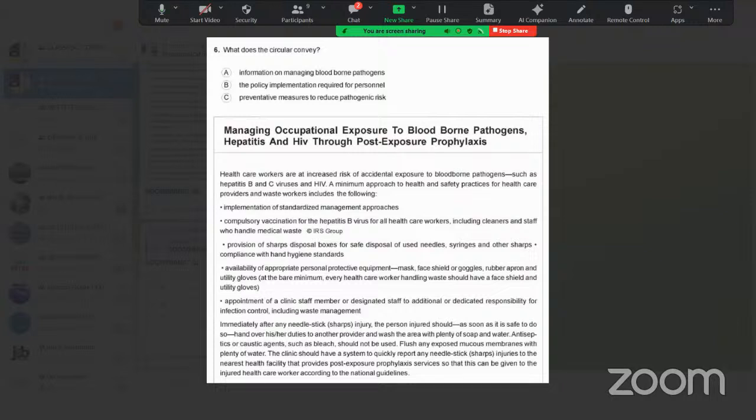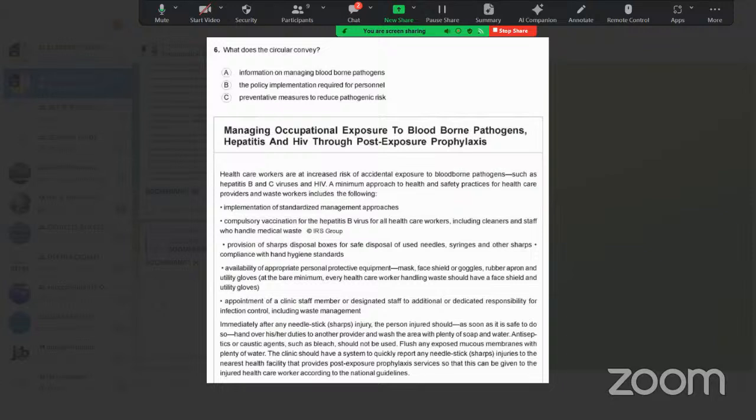Health and safety practices for health providers and waste workers include the following: implementation of standard management approaches, compulsory vaccination. Vaccination is for prevention. Next, provision of sharps disposal box. This is also for prevention.